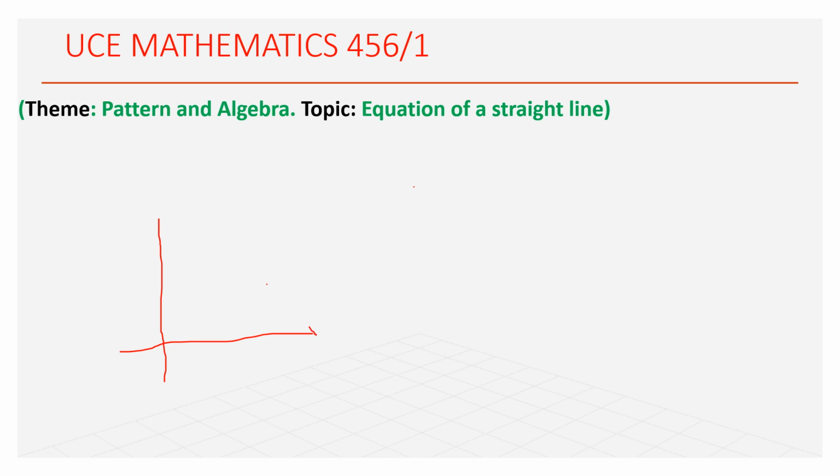So I will still maintain this as my x and this as my y, of course, as usual. Then this will be 1, 2, 3, 4, and this will be 1, 2, 3, 4. Of course, don't forget the negative. This is a Cartesian plane.